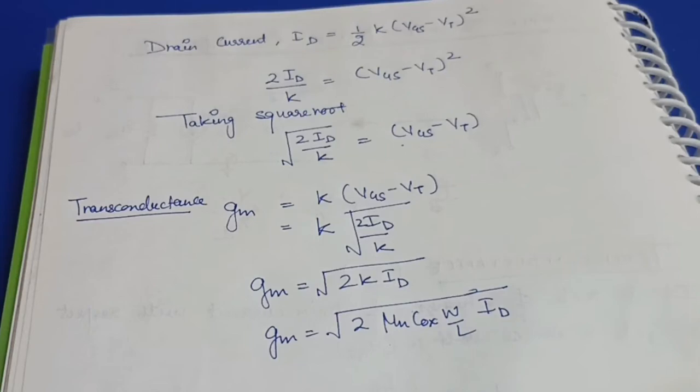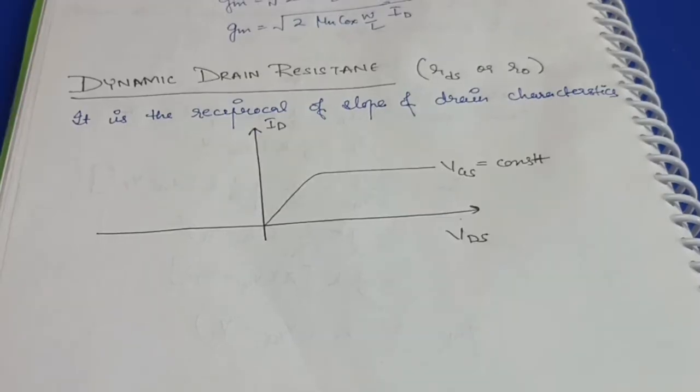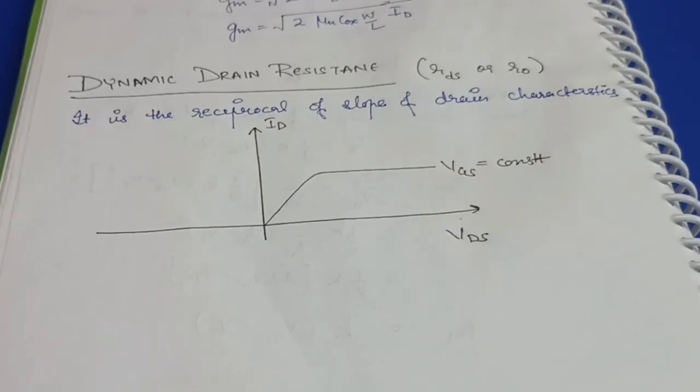Now let us discuss dynamic drain resistance in detail. Dynamic drain resistance is the reciprocal of the slope of drain characteristics. Now let us discuss drain characteristics. The drain characteristic is basically the graph between drain current and drain to source voltage.